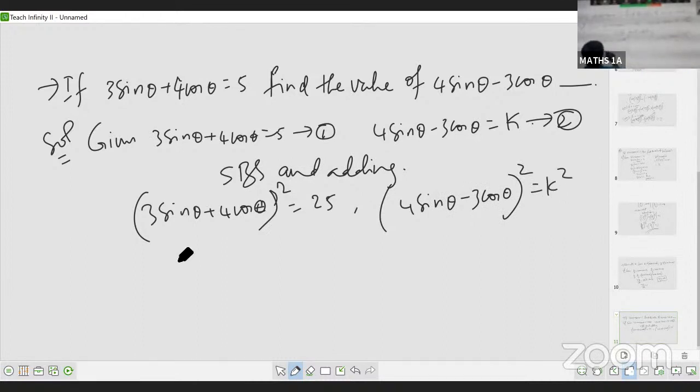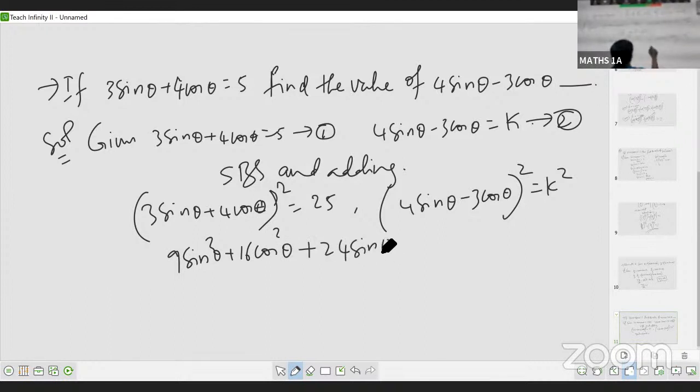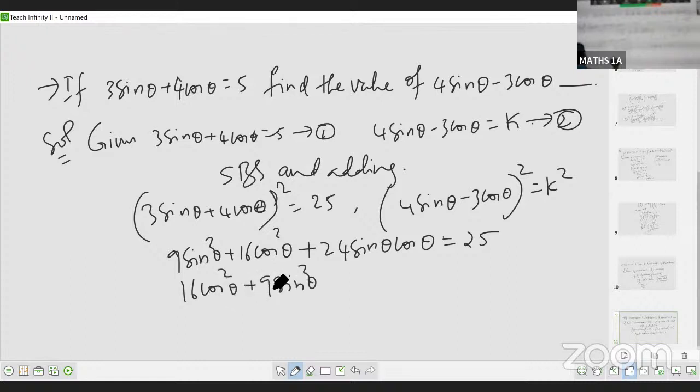That is 9 sin square theta plus 16 cos square theta plus 2 into 4 into 3, 24 sin theta cos theta equal to 25. Next, 16 sin square theta plus 9 cos square theta minus 24 sin theta cos theta equal to k square.